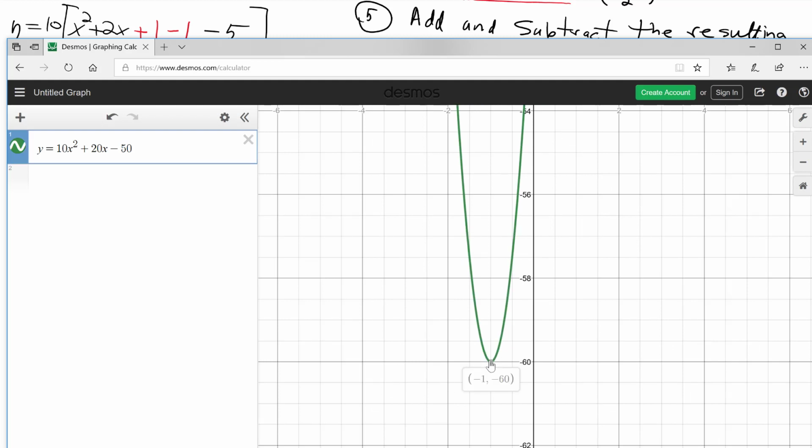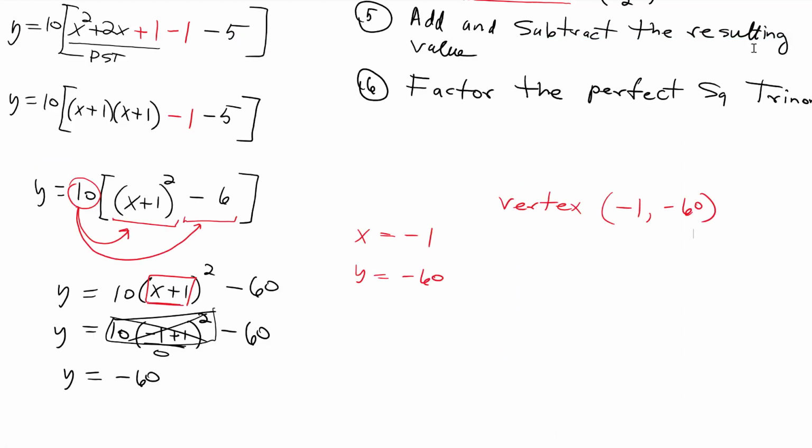This says x is -1 and y is -60. So you can see this is -1 right here. That verifies that our calculation is correct.